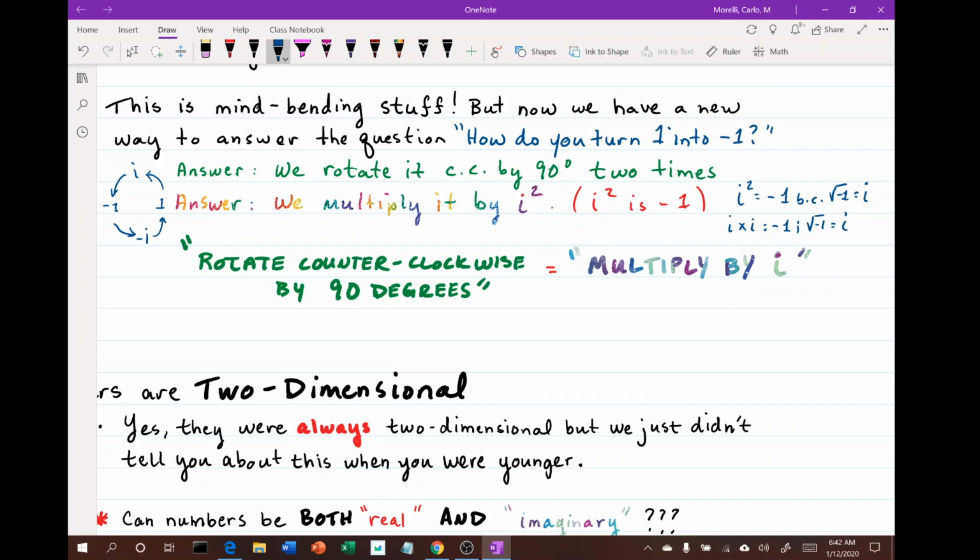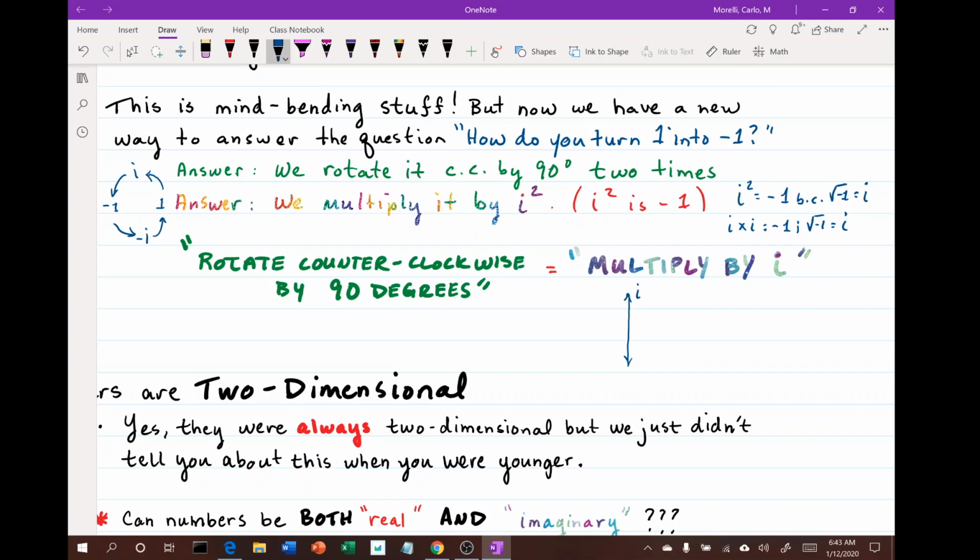So rotate counterclockwise by 90 degrees. Translated, multiply by i. Multiply by i means rotate counterclockwise by 90 degrees on that plane that consisted of the imaginary numbers.